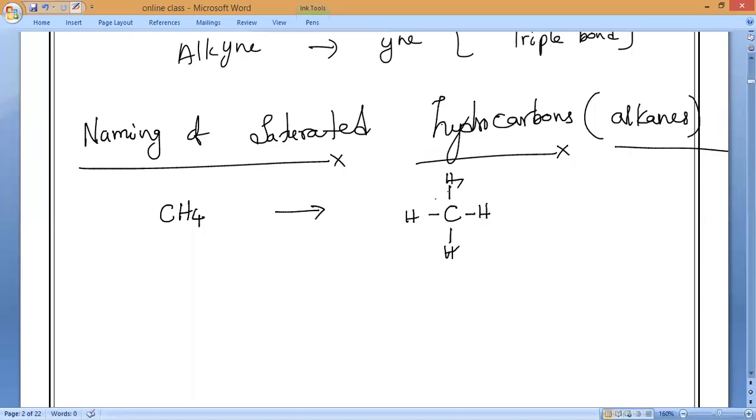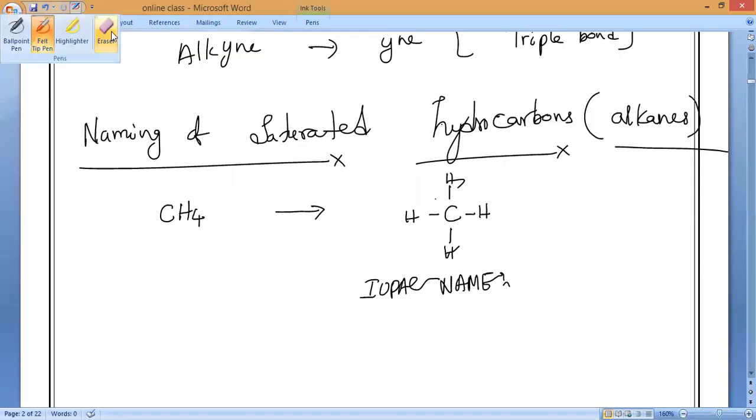First let us take the IUPAC name. What bonds are present here? All are single bonds. That is the first thing you have to notice. So single bond means the suffix will come: ane.